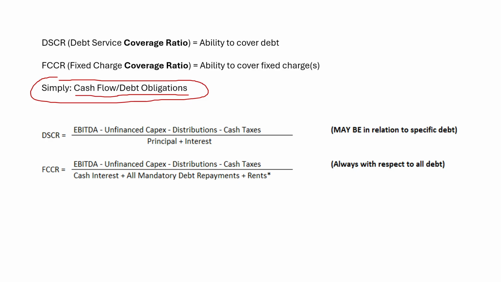Okay, so let's take a look at the difference between DSCR and FCCR. DSCR, or debt service coverage ratio, basically measures the company's ability to cover their debt obligations. So that's usually just with respect to principal and interest.